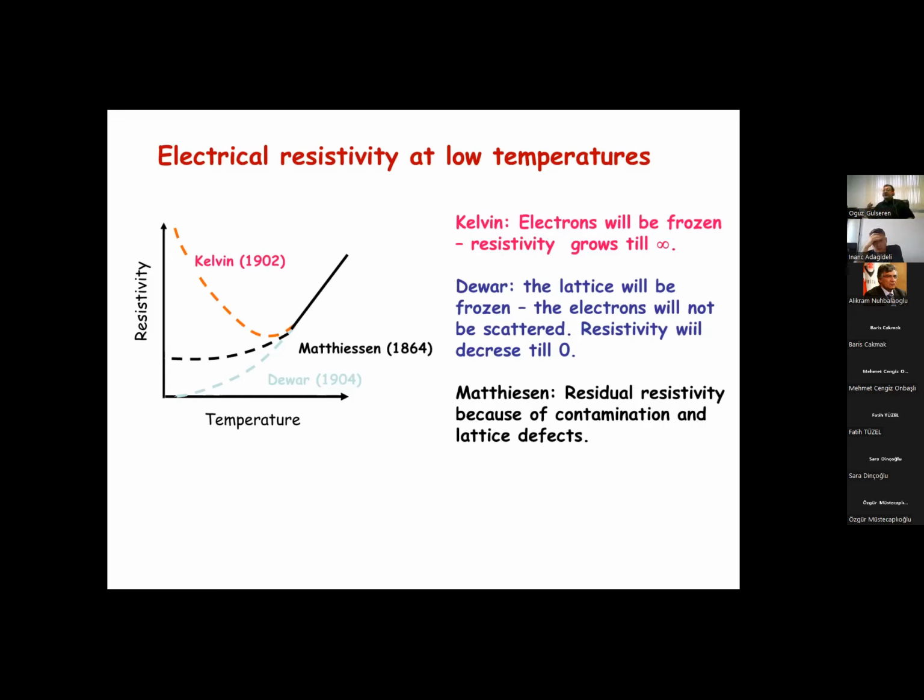On the other hand, two different approaches. Kelvin said that the electrons will freeze, so the resistivity will grow to infinity, while Dewar said the lattice will be frozen, so the electrons will not be scattered at all. Resistivity will go to zero. So this was another research question at that time.